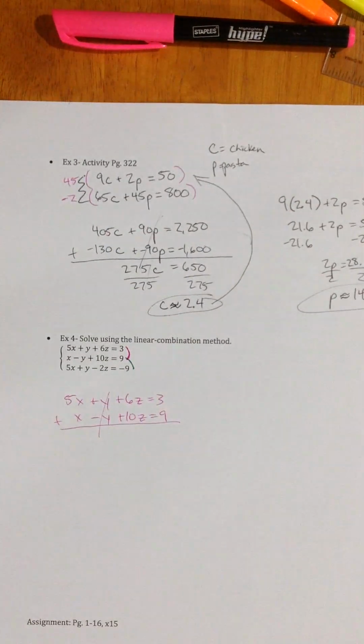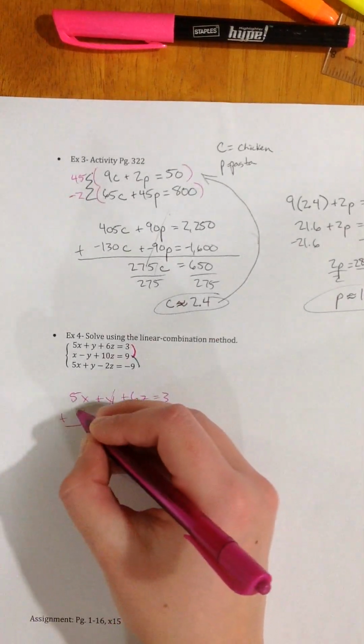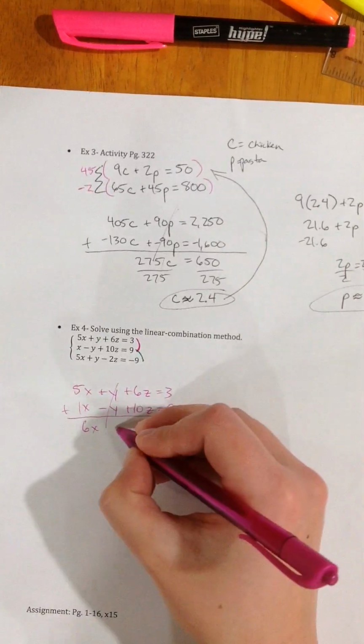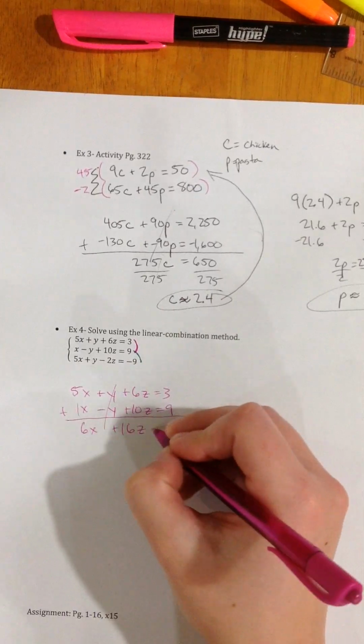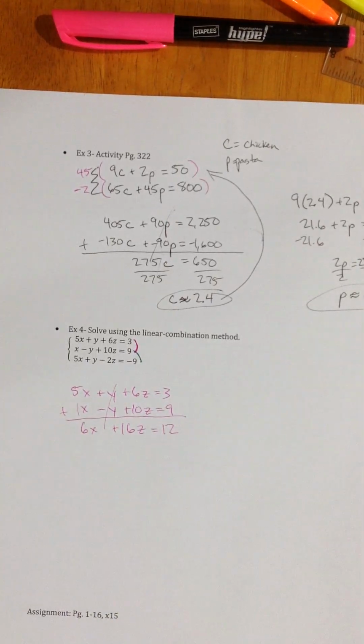They can automatically just cancel out. So then I'm just going to combine these guys, so 5x and that would be like 1x, be 6x, 6z and 10z would be plus 16z is equal to, and then 3 plus 9 is 12. Okay, so that got rid of one variable for us.